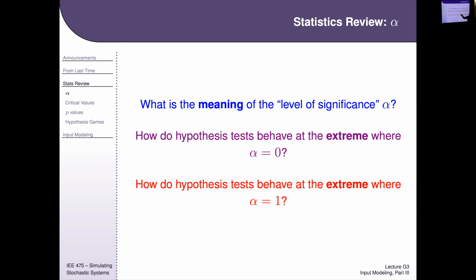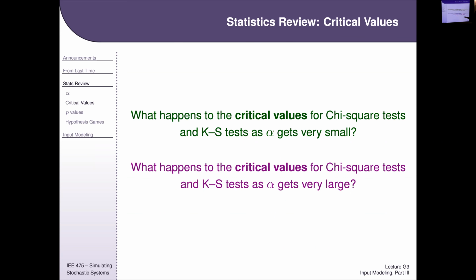So if I make my alpha value very small, what happens to the critical value for a chi-squared test? Does it get very large or very small as well? Any guesses? I see a couple of motions, like maybe it goes down. Does anybody else have any thoughts? Remember, the chi-squared statistic, the farther you get from the null, the larger the number is.